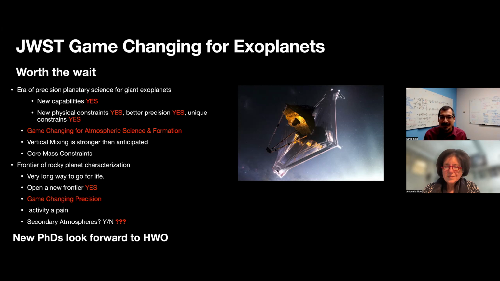That has turned out to be a really, really big challenge to model correctly. Unfortunately, because the stellar activity is so strong, people really have to hone in those models to get some sort of atmospheric constraints, and that's what's taken a long time to do.